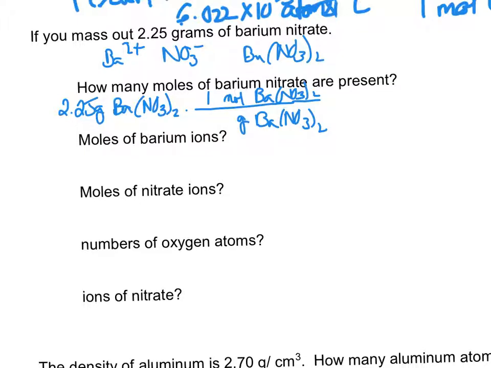Altogether, I get 261.3 grams. My grams cancel, and I end up with moles. I get 0.00861 moles of the barium nitrate.